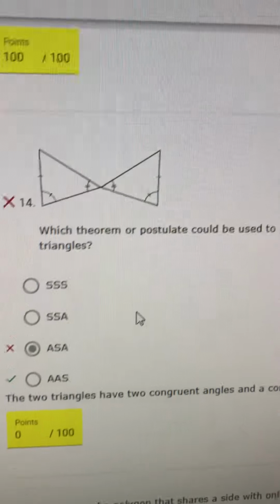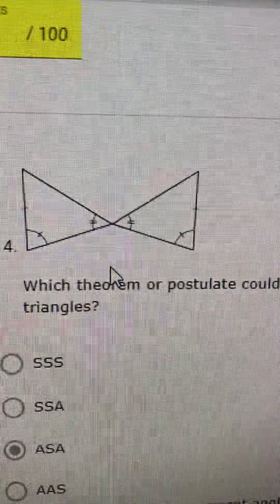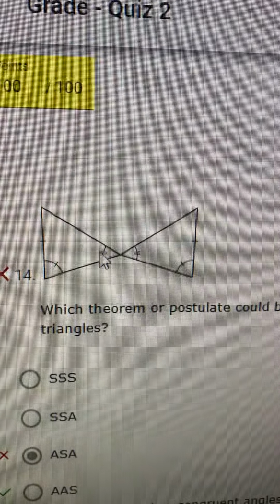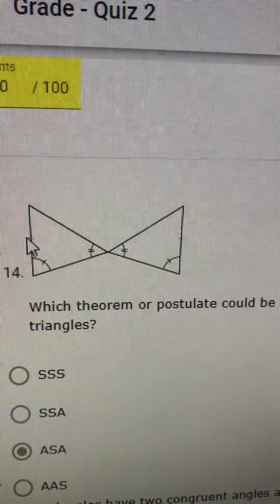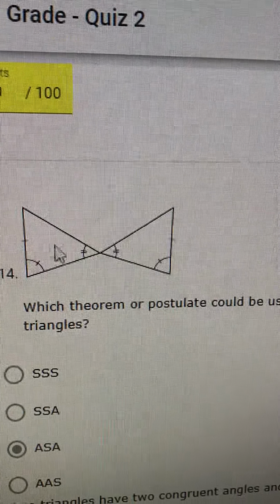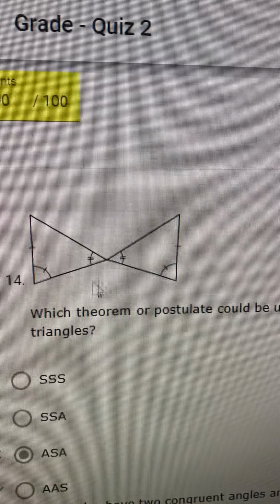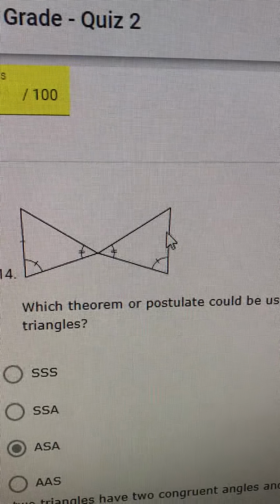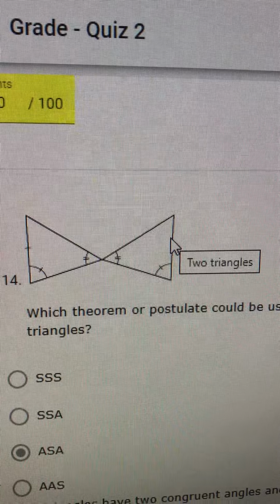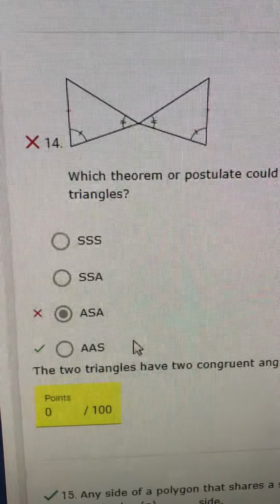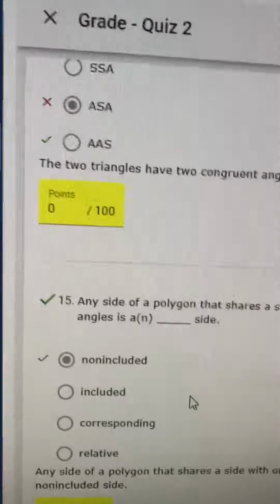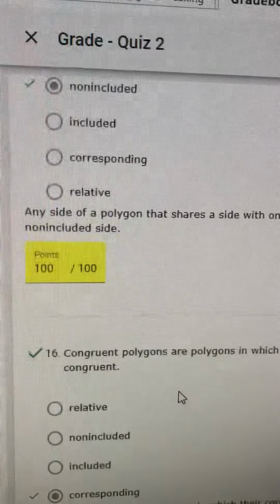It's this one. Again, we've got two angles marked, but the side is not in the middle of them. The side is over here, so it's angle, angle, side. Got that one.